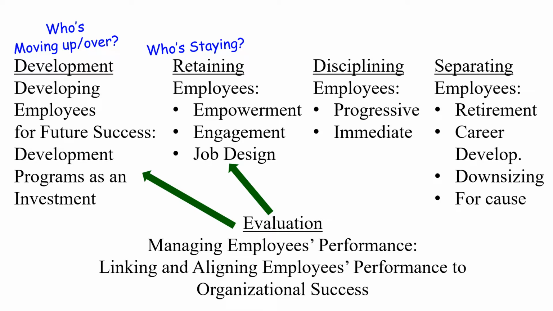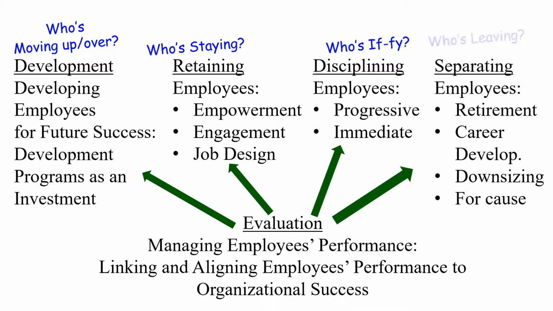We'd like a return on investment for developing employees. Looking to the right, our evaluation can support discipline for either progressive or immediate discipline. Who's iffy? Who has identified themselves as a management problem? Which then leads us to the far right in separations.